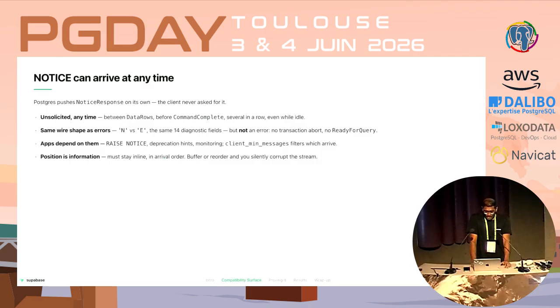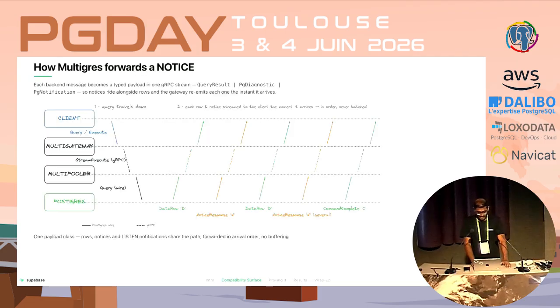A lot of tooling does depend on that. ORMs surface them, monitoring systems log them, etc. So the proxy can't just collect them and hand them over at the end. It has to forward each one of them in order, immediately the instant it appears, with no buffering, because buffering changes the timing the client observes, and the timing is observable.